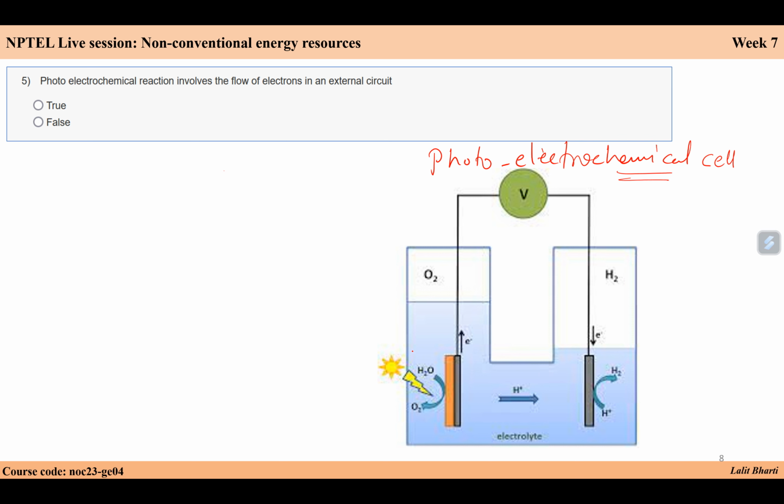So by using sunlight, we are harnessing energy in the presence of H2O as the electrolyte.